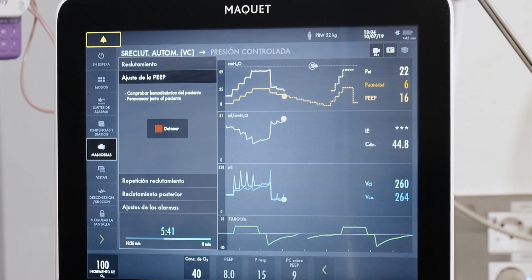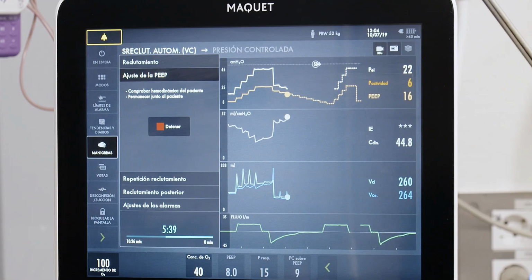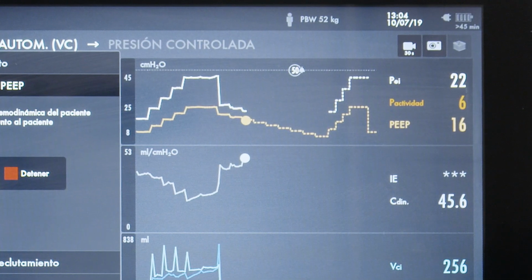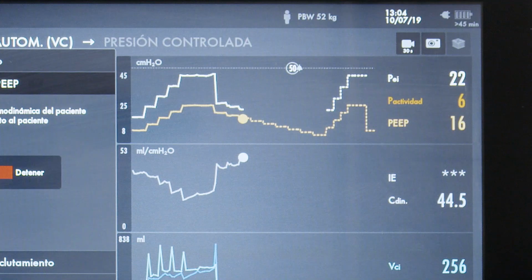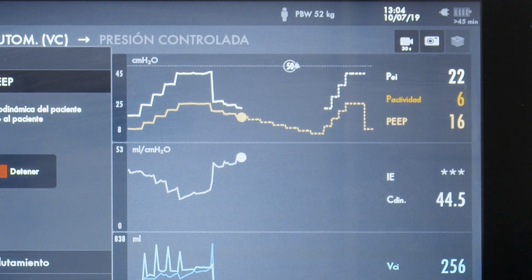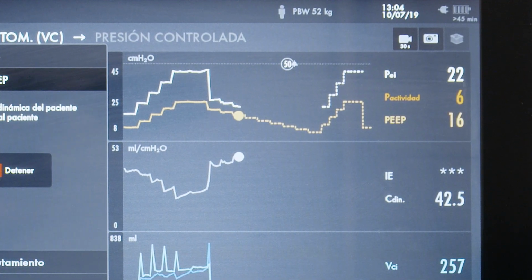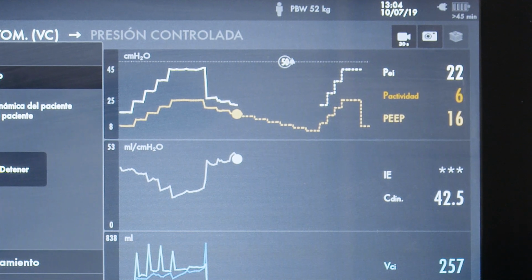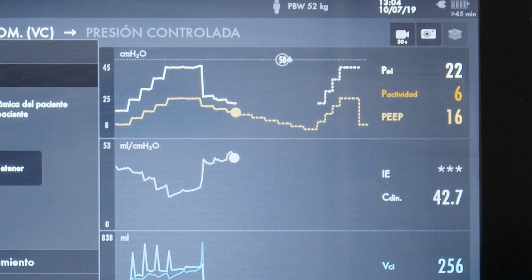So as we are reducing the PEEP sequentially, you see that the compliance is increasing. We are relieving the overdistension with each reduction in pressure, searching for the maximum compliance, which indicates the beginning of the most dependent lung collapse.